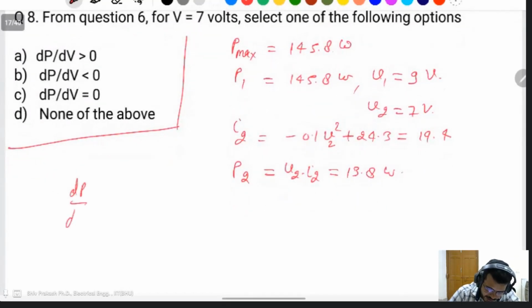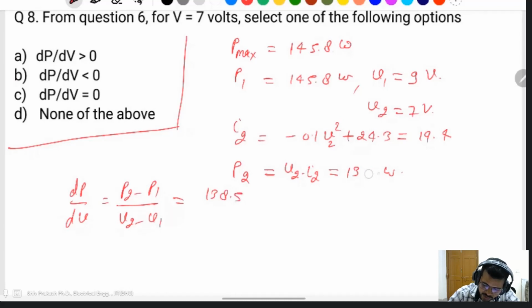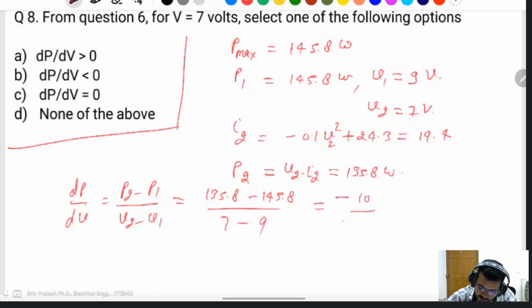And dP by dV is the same as P2 minus P1 divided by V2 minus V1, that is 135.8 minus 145.8, divided by 7 minus 9. This will be minus 10 divided by minus 2, which will be 5, a positive value, which means greater than 0.